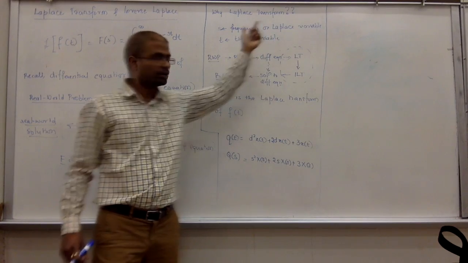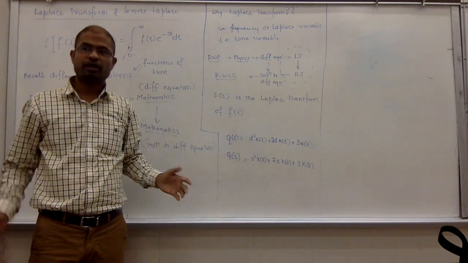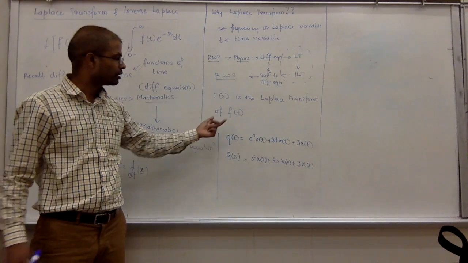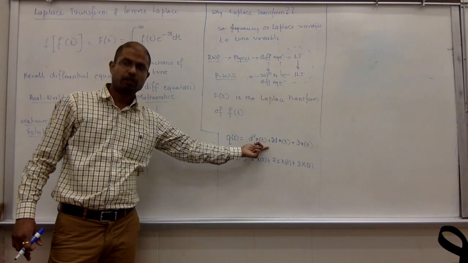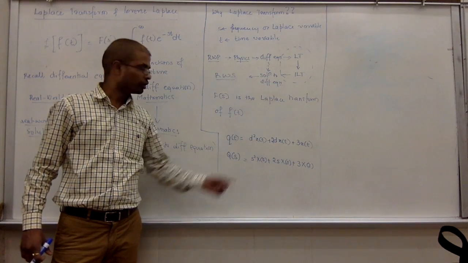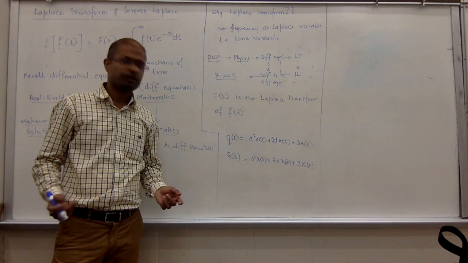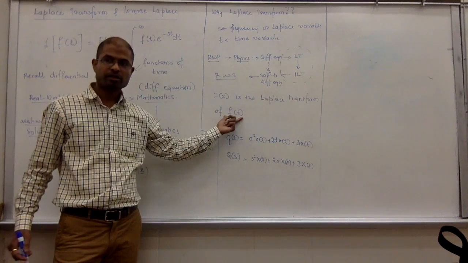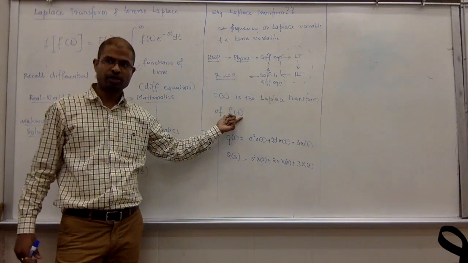If it's a function, it's not a direct correlation. You cannot just take 1 over s. Does x of t mathematically mean anything? No. It's just a representation, a notation.